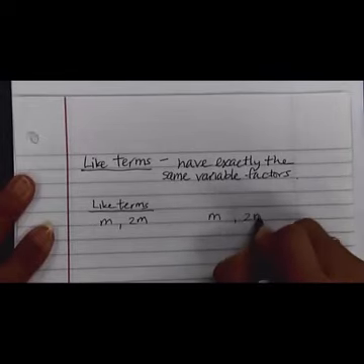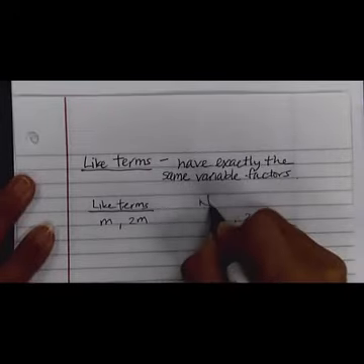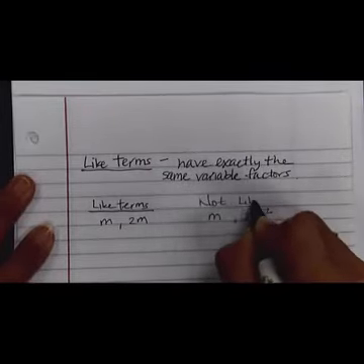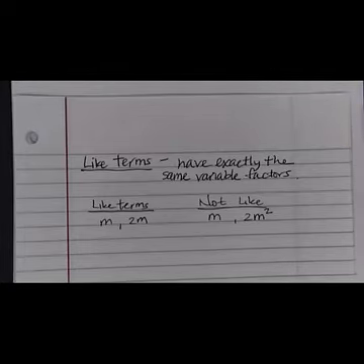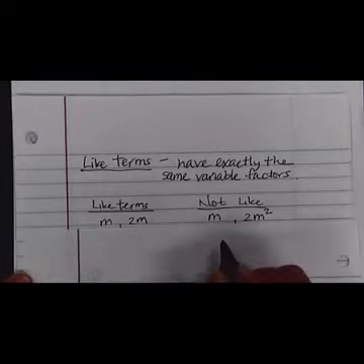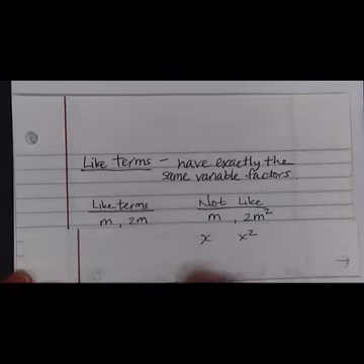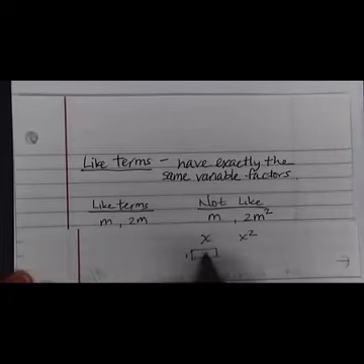Now, m and 2m squared, are they alike? Why not? They both have to have the square, so this is not like terms. I sometimes explain it visually. If I had an x and an x squared, the reason they are not alike is that x is like a rectangle where the length is x and the width is 1, so the area is x.